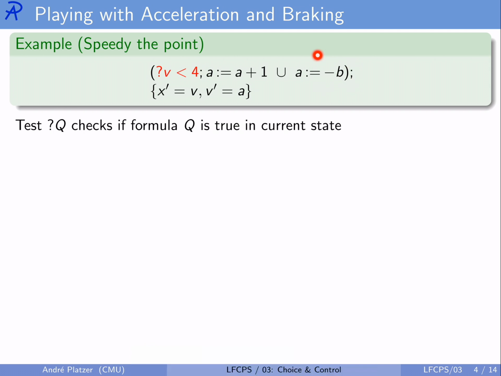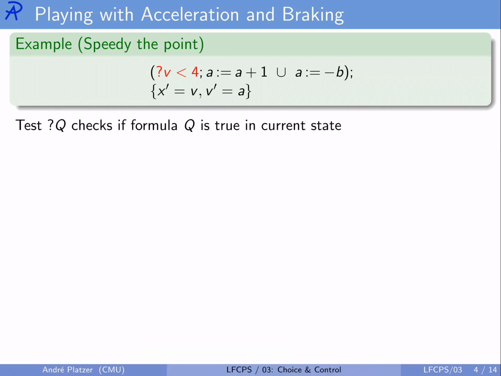But because the right branch does not have any tests in it, it can always be chosen because the main operator, the non-deterministic choice, still is exactly that, a non-deterministic choice. Choose the left-hand side, or instead choose the right-hand side arbitrarily. But the left-hand side checks if indeed the logical formula v less than 4 is true in the current state.